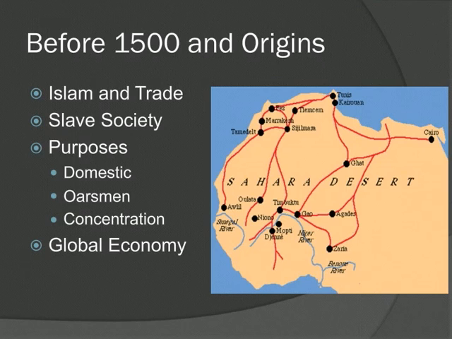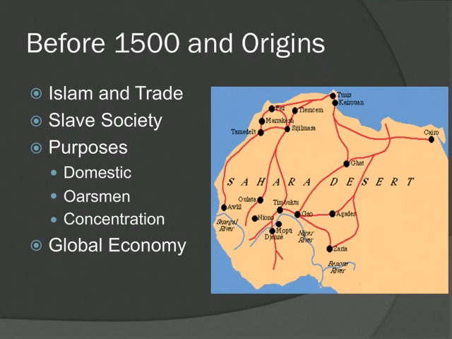Some numbers for you from 700 to 1500, before the Europeans really had a grasp of Africa. 7 million people, mostly women, were sold to harems as house servants, and another 2 million were sent to the Middle East and Arabia. That's a large amount of people for that time period.